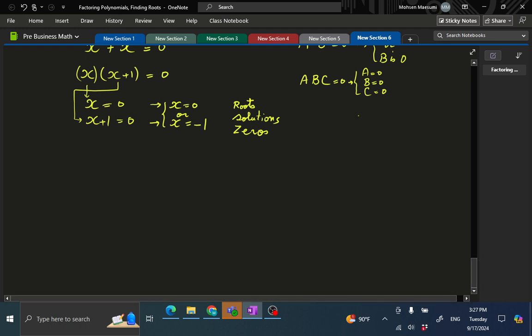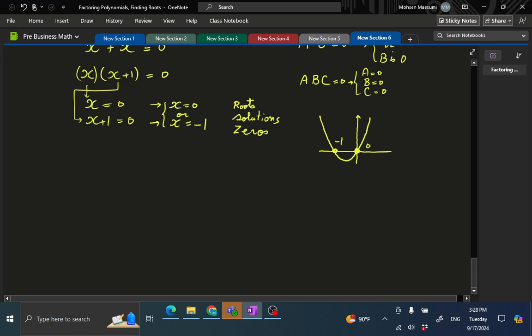If you were to graph this thing, like I encourage you to go ahead and graph it on, say, Desmos, x times x plus 1, which is x squared plus x, the graph of it is going to look like this. And when you look at that, you see you struck the x-axis at 0, and the other striking point was minus 1.